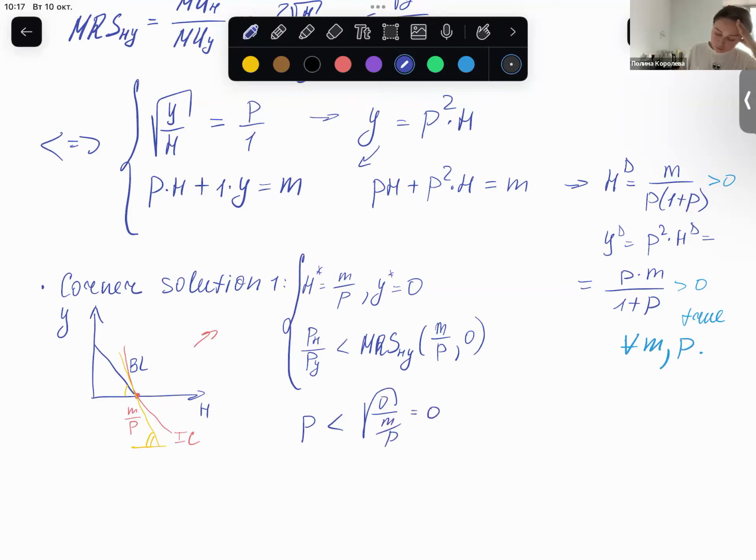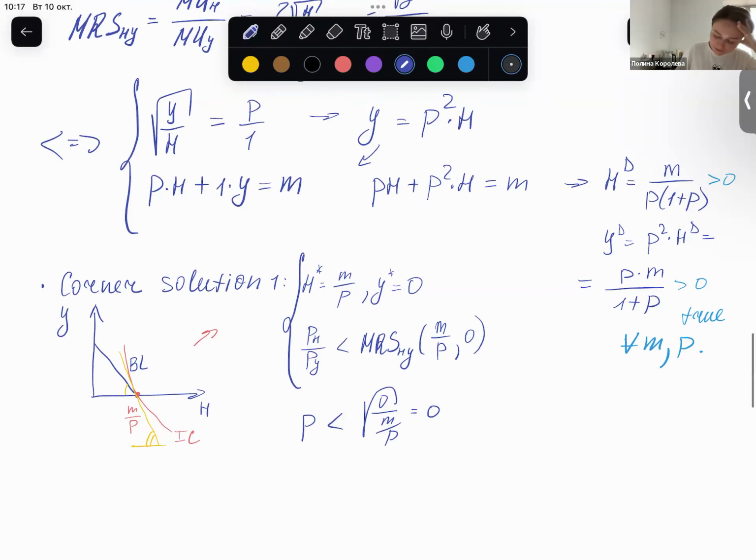For such a point to be the solution of our utility maximization program, price should be less than 0. But that's not true, because price is positive. So such a solution does not exist, because our price is greater than or equal to 0. And here we have a contradiction.